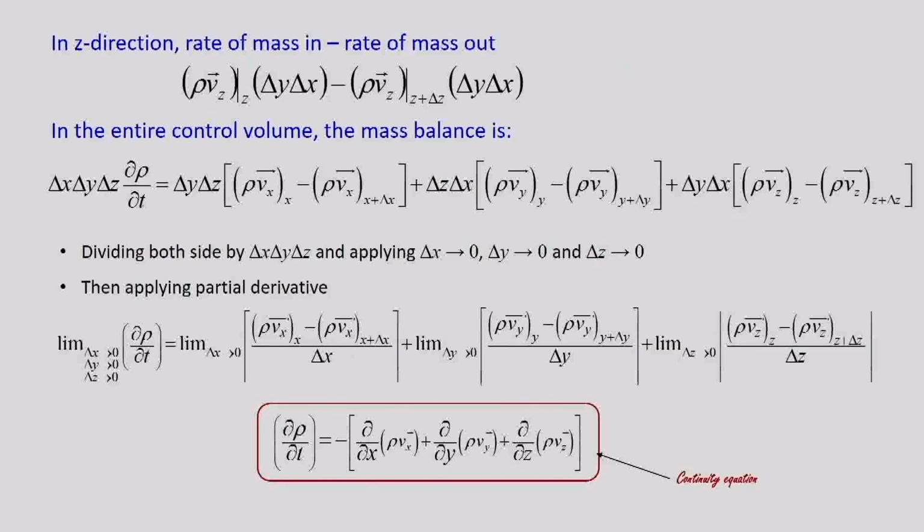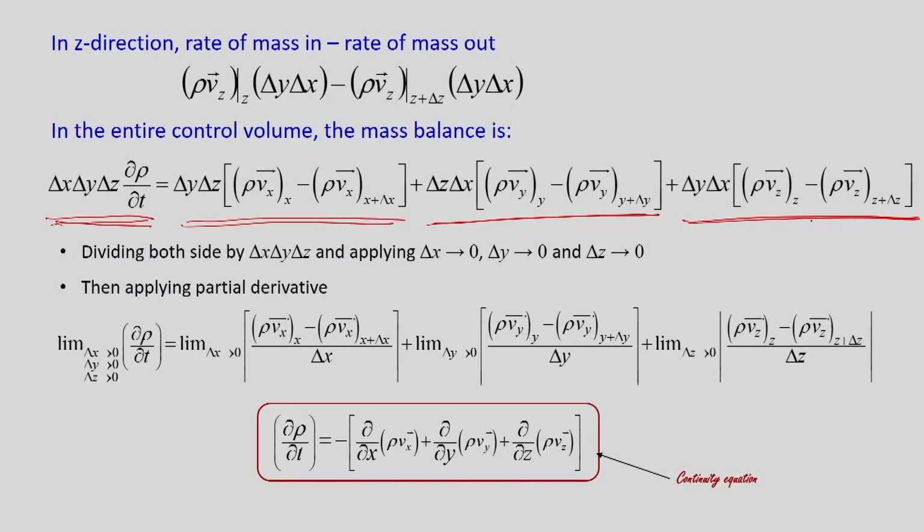So, when we include these terms, in the entire control volume this is the rate of mass accumulation, and then this is the net rate of mass flow in the x direction, this is the net rate of mass flow in the y direction, this is the net rate of mass flow in the z direction.